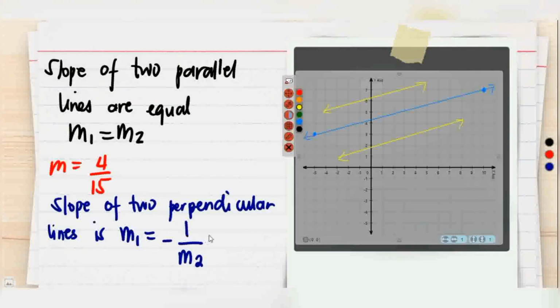So, kaya, any line perpendicular to this line has a slope of negative 15/4. So, meron tayong line na perpendicular with this line.